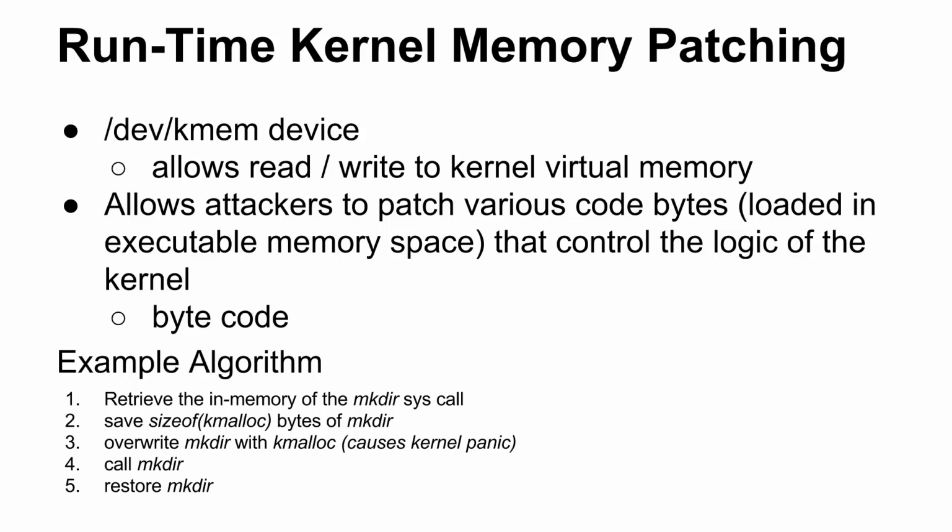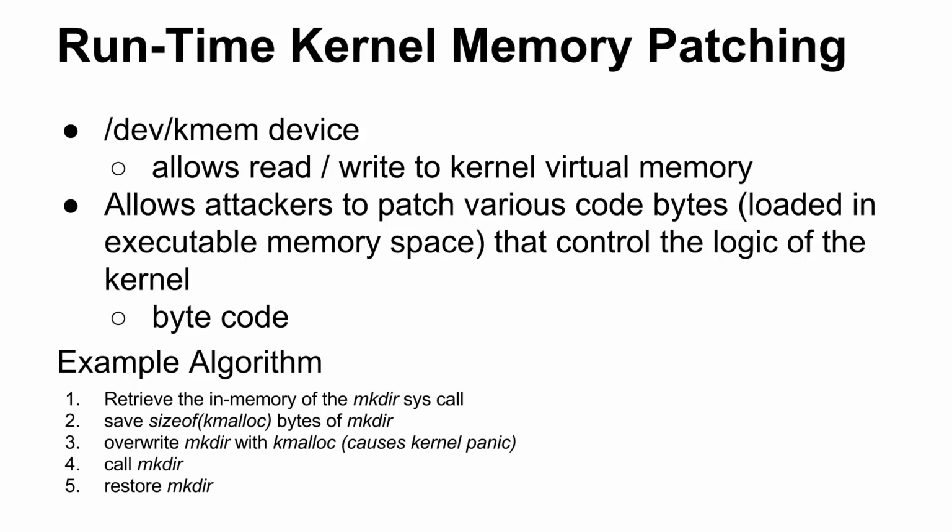So here's an example algorithm. Say we wanted to use this technique to patch one of the system calls to do something malicious instead. Let's target mkdir, which is the make new directory system call. The first thing you should do is, for however long your payload is, let's say our payload is just kmalloc for this instance, say it's 50 bytes, save the first 50 bytes of your target system call aside in temporary space.